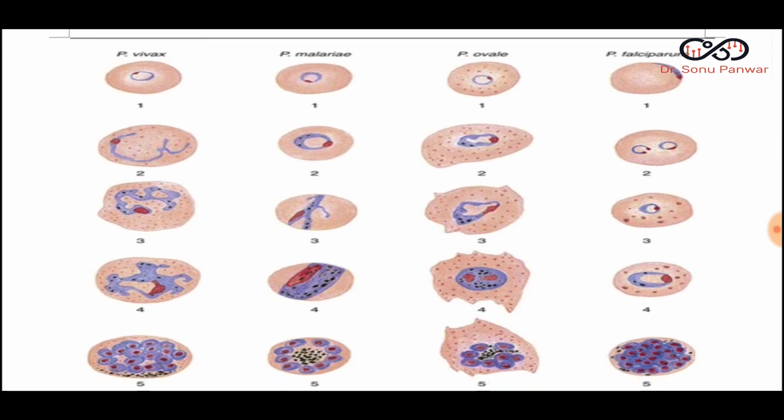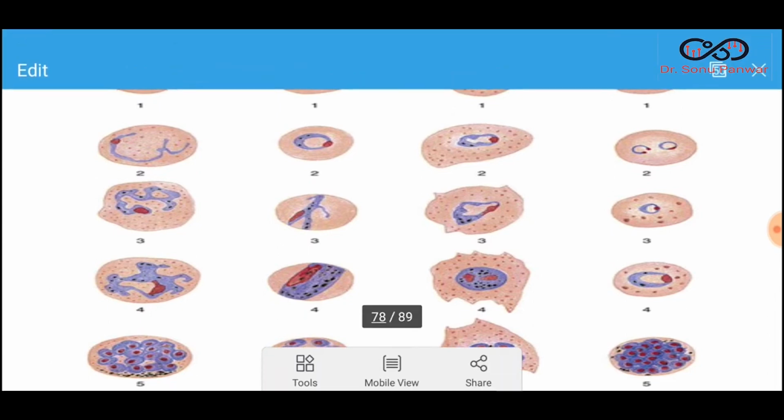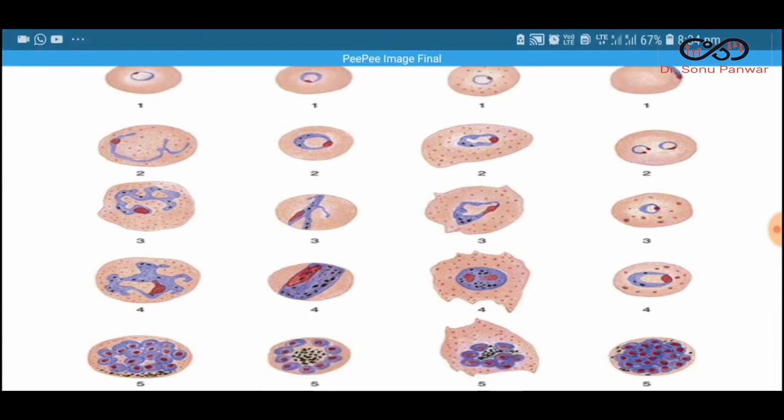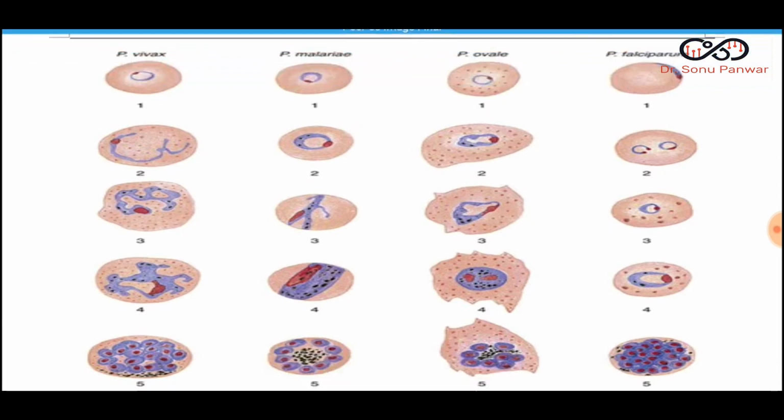As you can see in malariae also, number one is the early trophozoite form, the ring form. The second one is the early trophozoite with thick cytoplasm. And the third one, this is what is being asked regularly, so remember, the third one is the early trophozoite, and that too the band form.